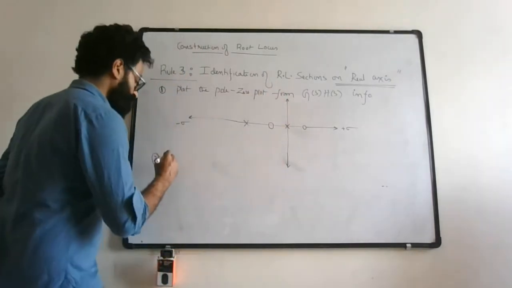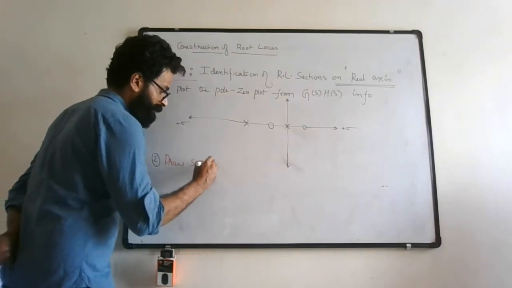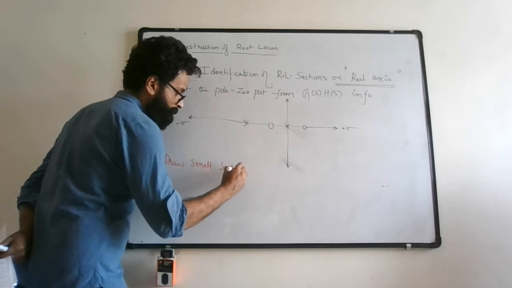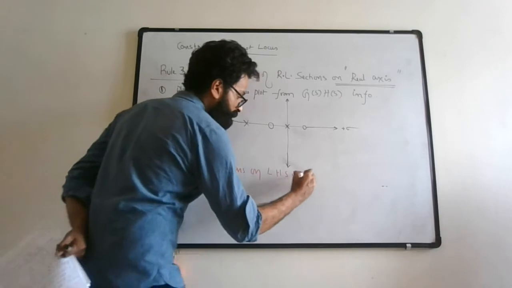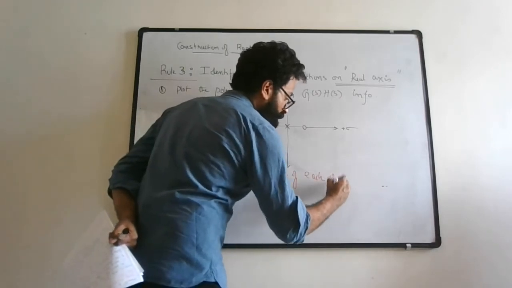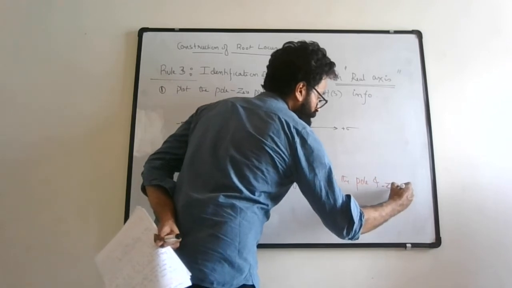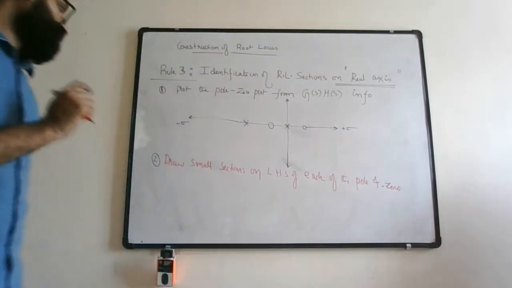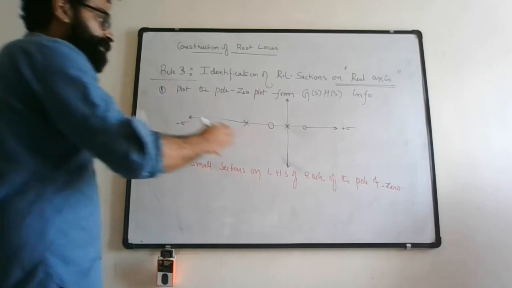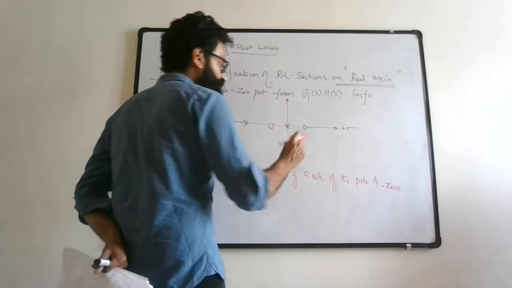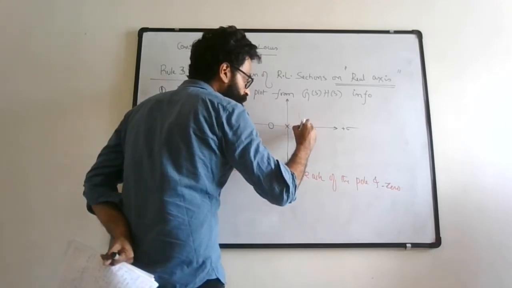Next, draw small sections on the left hand side of each of the poles and zeros. So I have a zero here, so let me draw a small section here.